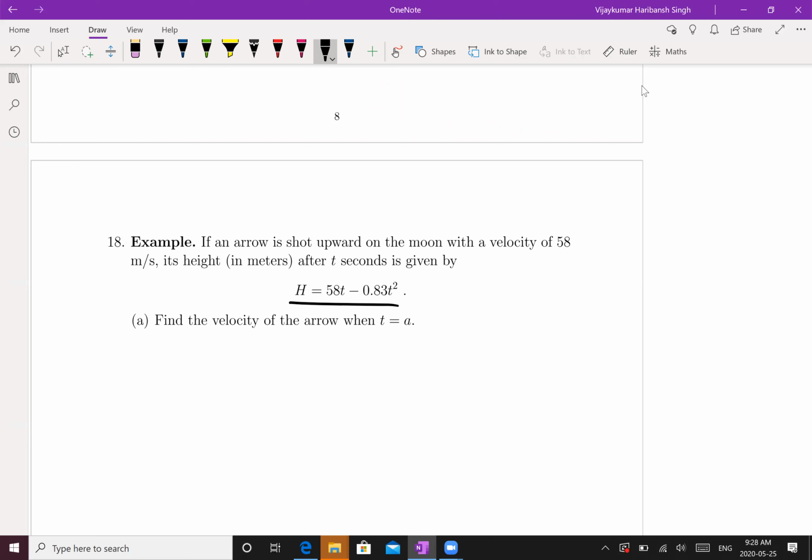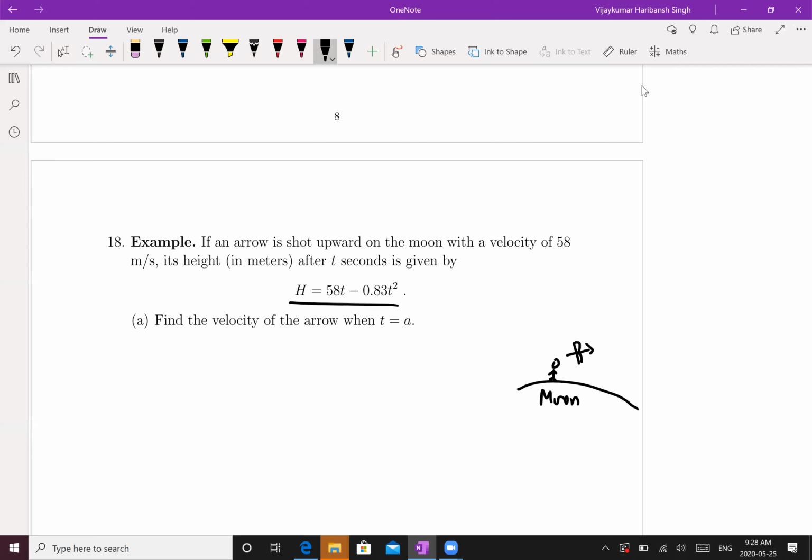So now you have your moon, and suppose it's a hypothetical situation, you are shooting an arrow. This surface is the moon surface, all right? So you're shooting an arrow in the upward direction.